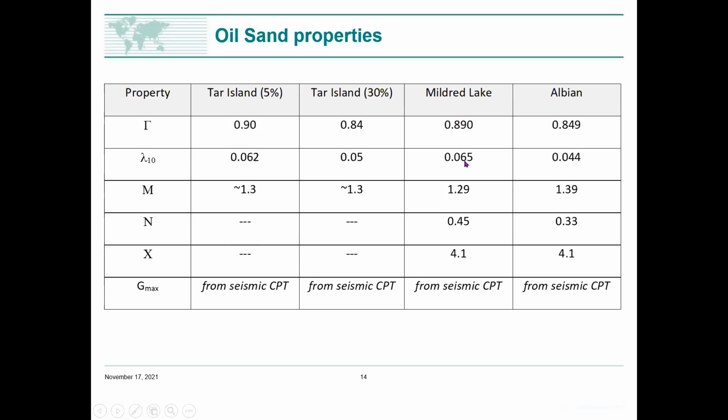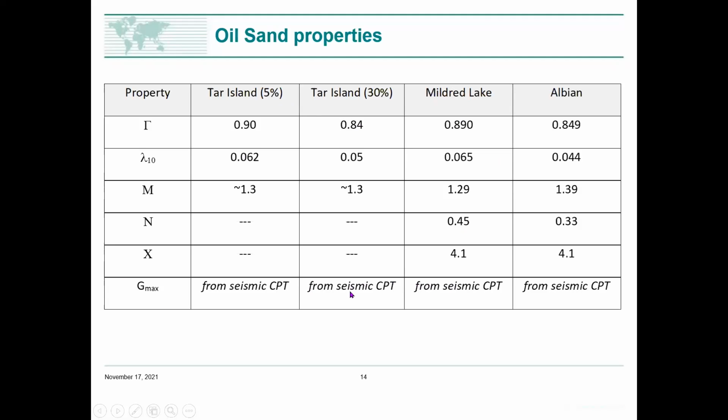So we looked to Mildred Lake. We're quite similar over here, and we actually have good definition of N and good definition of chi. Albion, for some bizarre reason, the M seems rather higher than the other stuff. So what we said was, we will run with the Mildred Lake to supplement what we see over here. So that's where our parameter set came from.